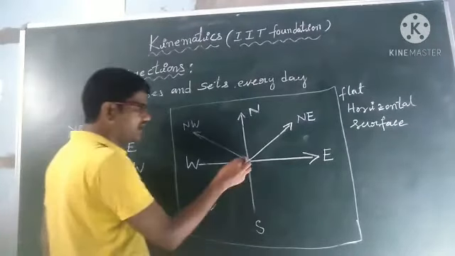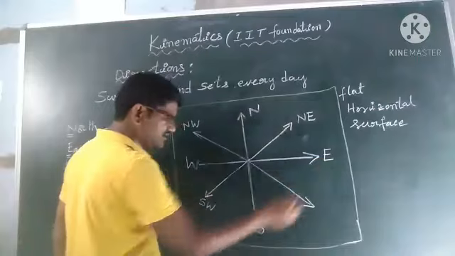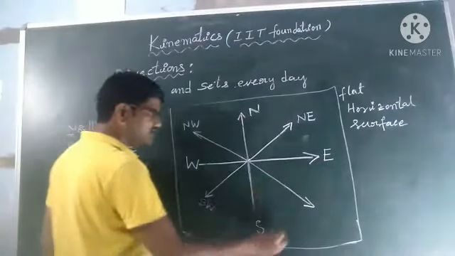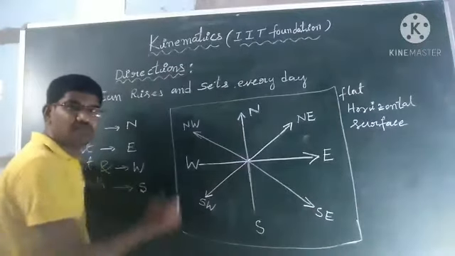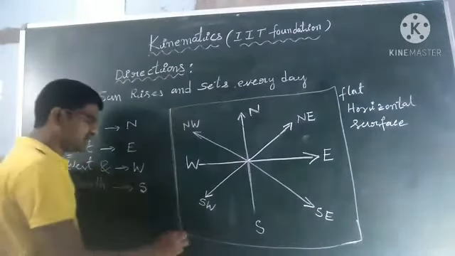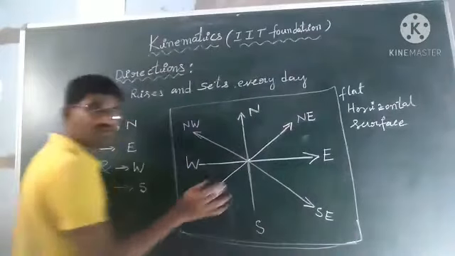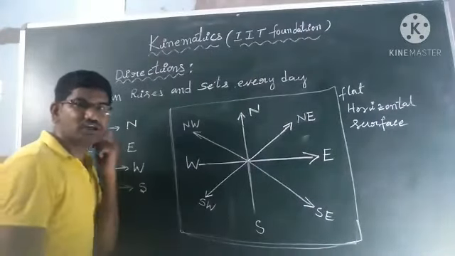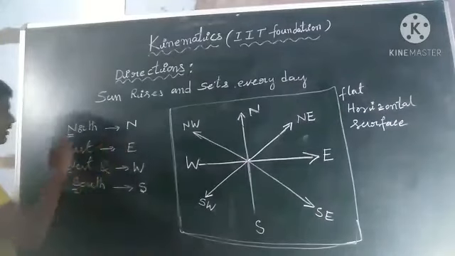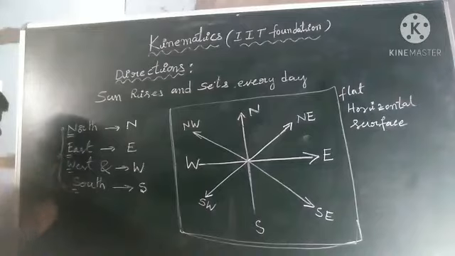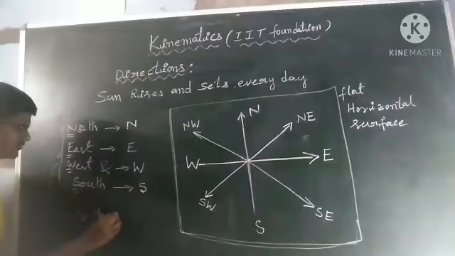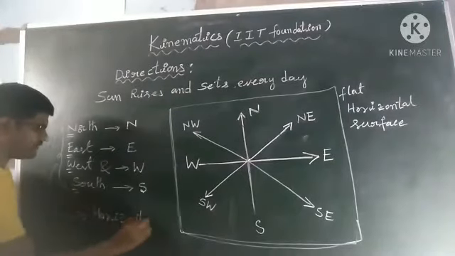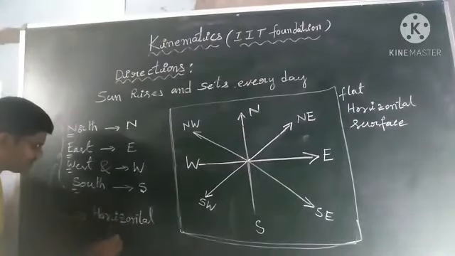And if it is exactly lying between south and east, then it is called southeast. These are the 8 basic horizontal directions we have to locate the position of an object, and these are called horizontal directions.